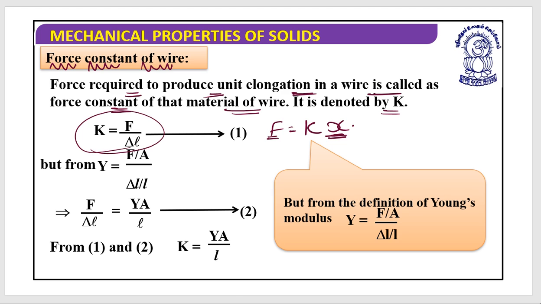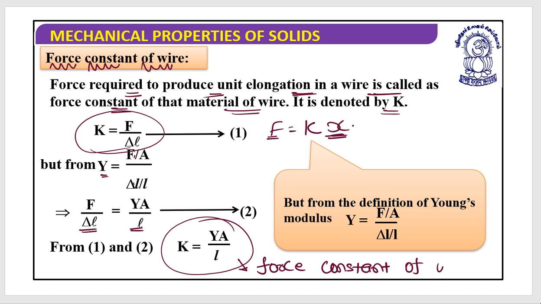Here also, K is equal to F by delta L, and we have the relation of Young's modulus, which is F by A divided by delta L by L. So F by delta L is equal to YA by L. This K is what we call the force constant of a wire, and its value is equal to Y into A divided by L.